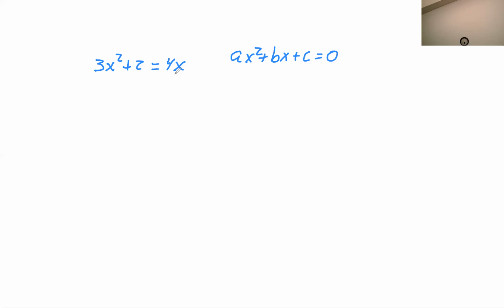Strategy here now is we'll take this 4x and move it to the other side. And so we get 3x squared, and then I'll put the minus 4x in the middle there, plus 2 equals 0.